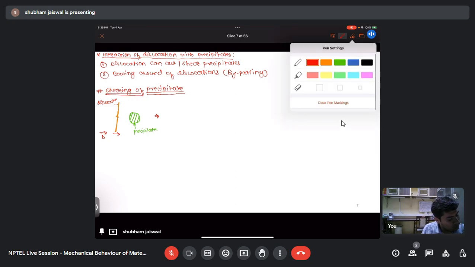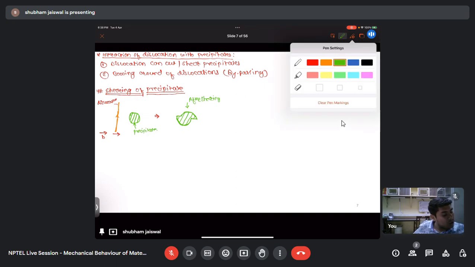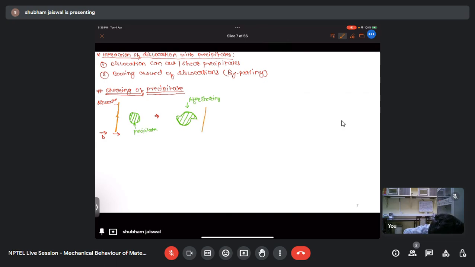Okay, so this one is after shearing. The dislocation will shear these precipitates, and it will move again.